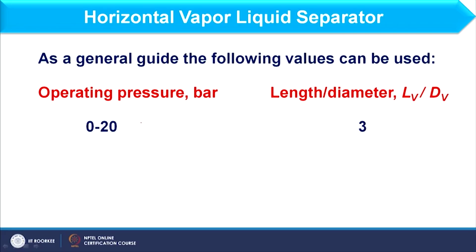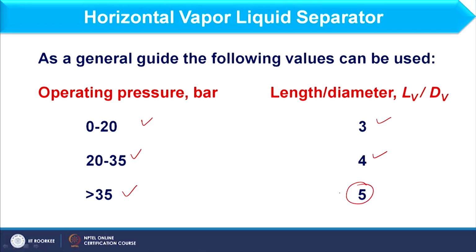As far as this ratio is concerned, the most economic length to diameter ratio will depend on the operating pressure. If the operating pressure varies from 0 to 20 bar, we can have L by D as 3; for 20 to 35 bar we can have an L by D ratio of 4; and similarly if it is more than 35 bar we can consider an L by D ratio of 5.